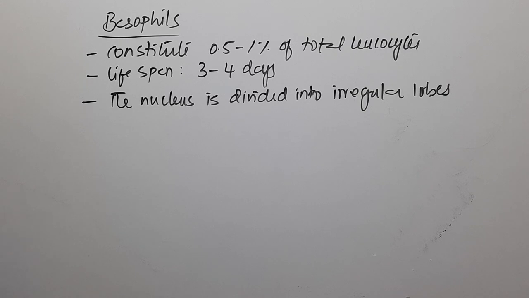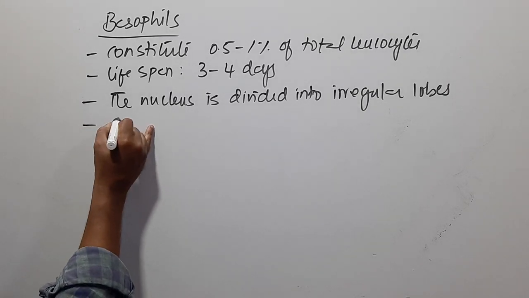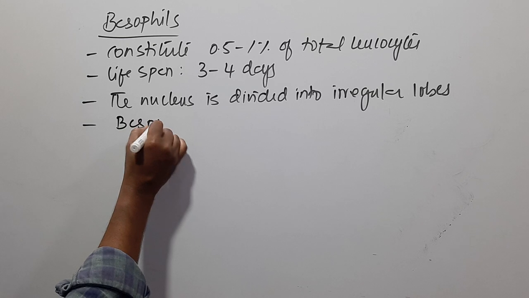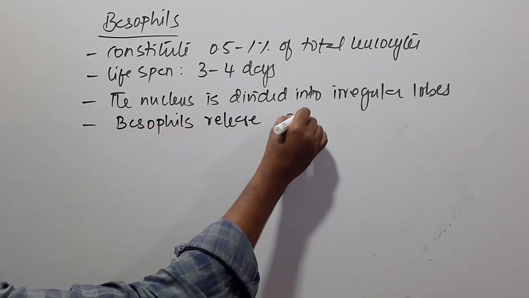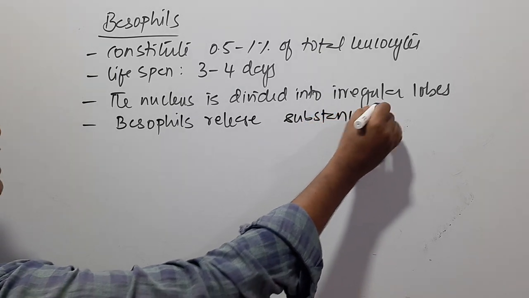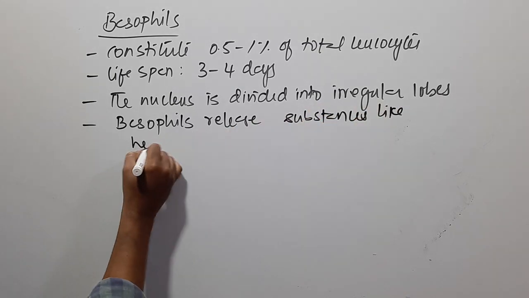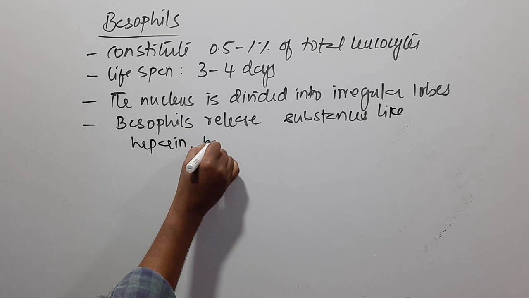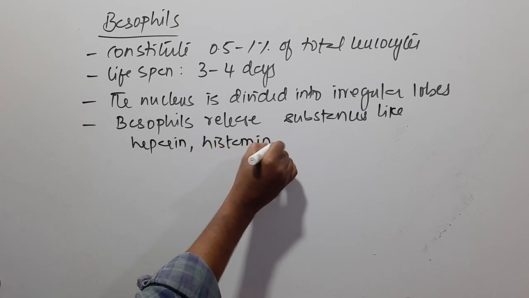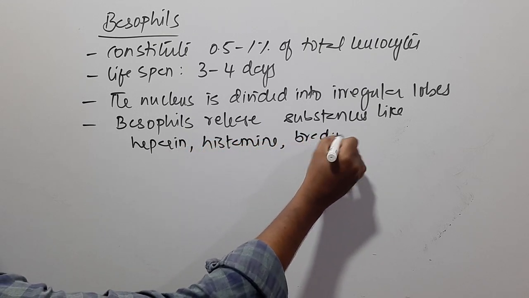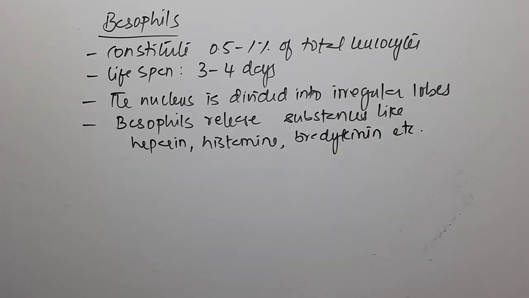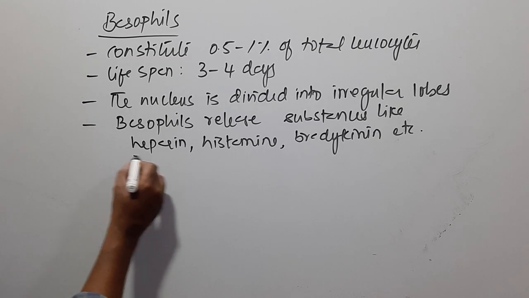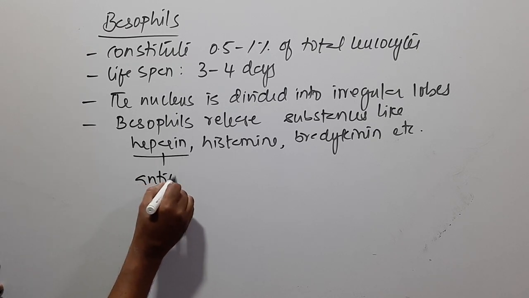Basophils release substances like heparin, histamine, then bradykinin, etc. Heparin is an anticoagulant.